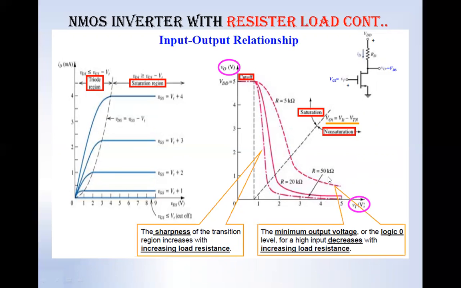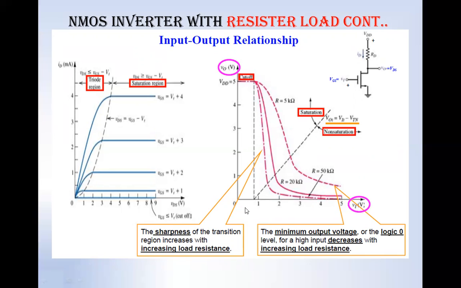If the resistance is 50 kilo ohms, the characteristic curve is a sharp curve here, and if the resistance is decreased, R equal to 20 kilo ohms, the switching is slowly increasing. So this is the final curve, that is R equal to 5 kilo ohms. So 5 kilo ohms is less compared to 20 kilo ohms and 50 kilo ohms. The switching is a little bit more here.